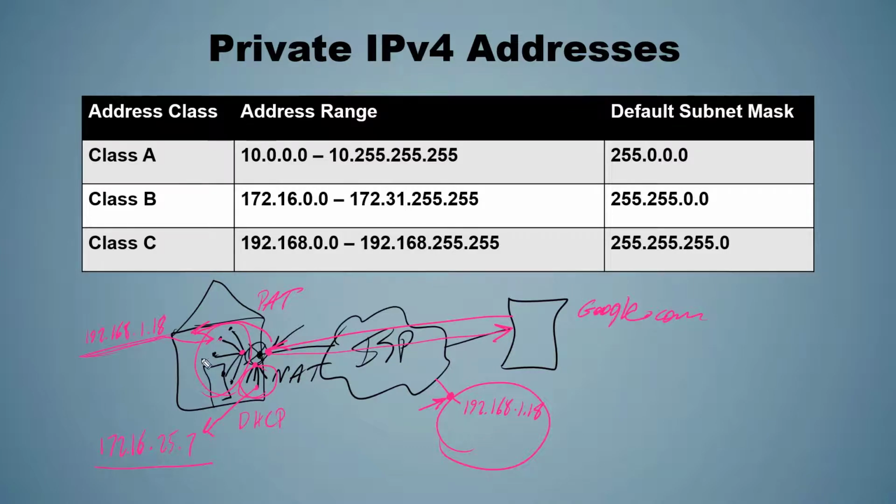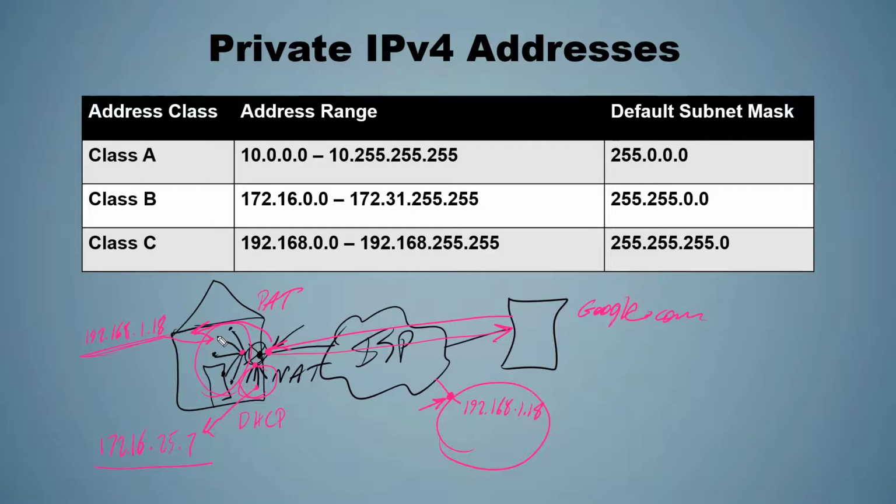So accessing the internet from the internal network uses NAT, network address translation, which converts the private IP address to the public IP address, and only the destination knows about your public IP address. Therefore, the response comes back to the public IP address. And then, port address translation translates the public IP address to the private IP address, and it comes back to the device.